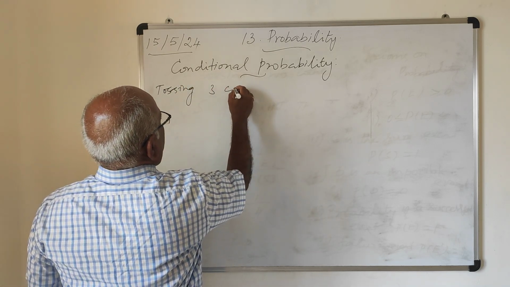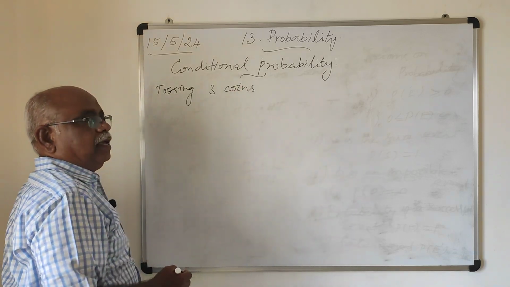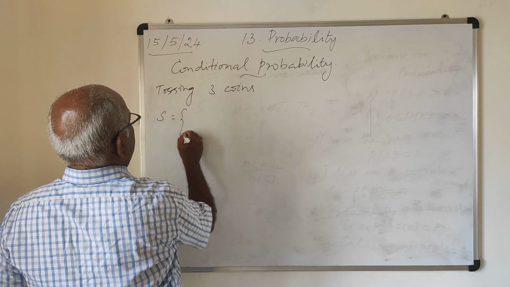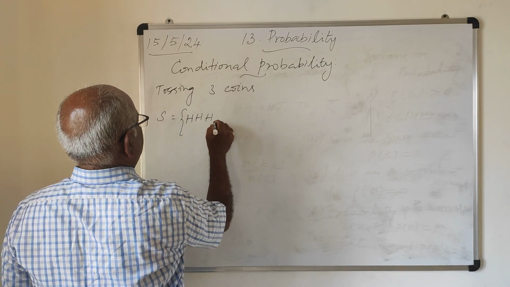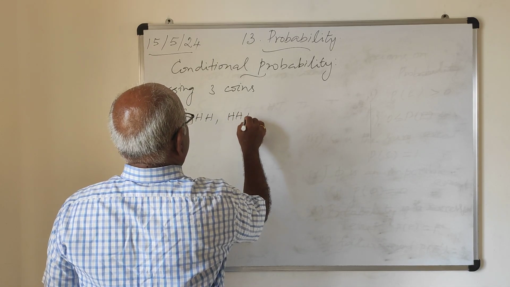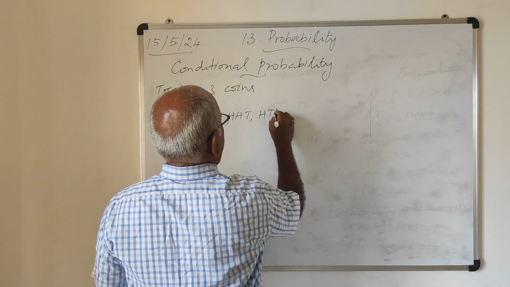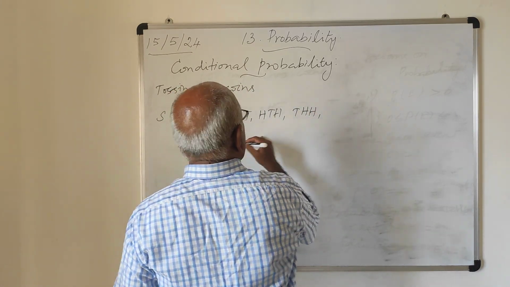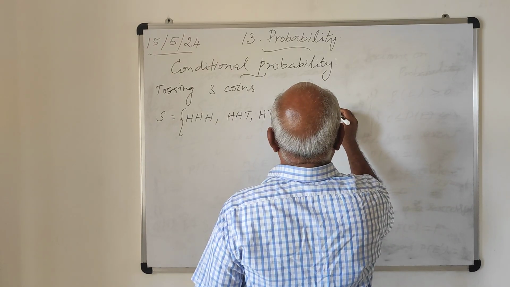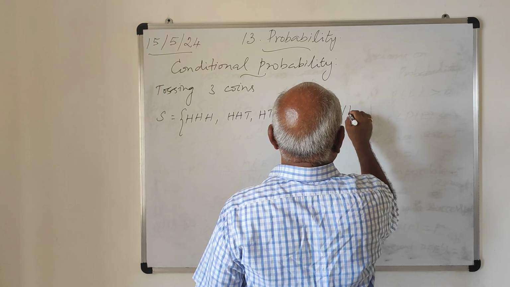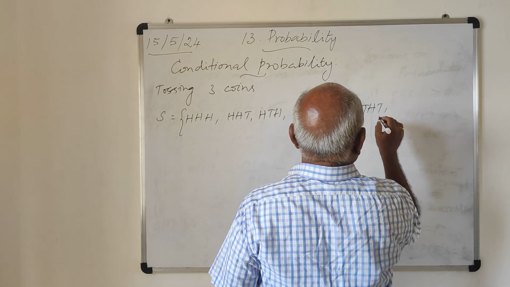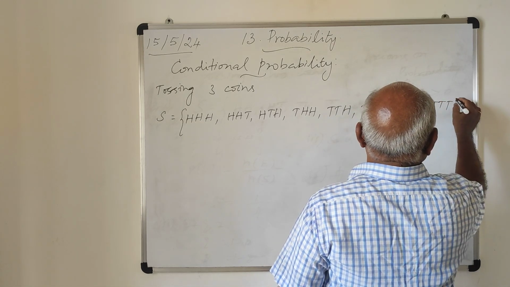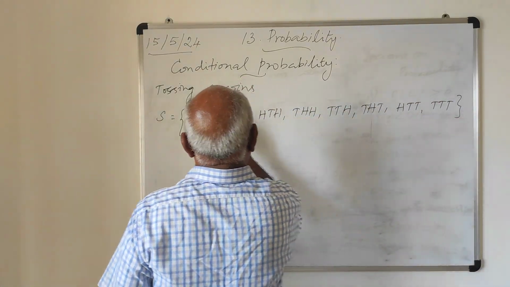The sample space is HHH, HHT, and so on up to HTT and TTT. 1, 2, 3, 4, 5, 6, 7, 8.